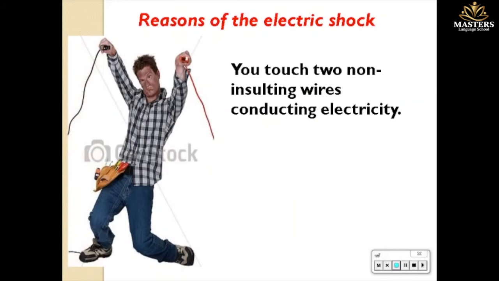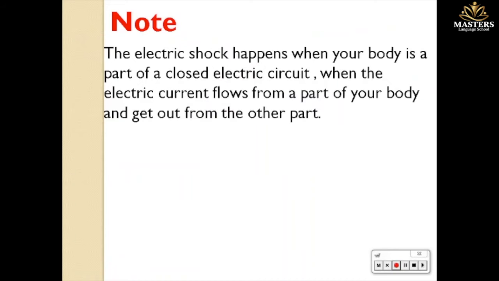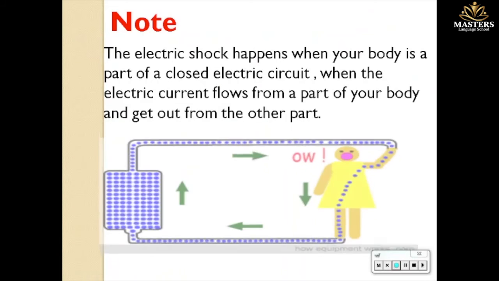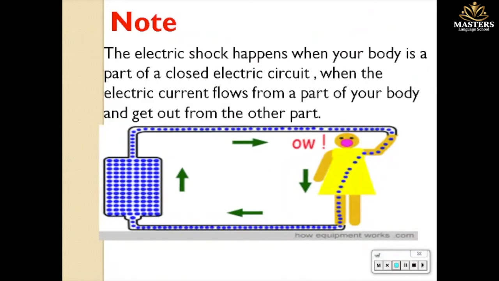Reason number three, you touch two non-insulating wires conducting electricity. But you have to know something very important. The electric shock happens in one condition: when your body is a part of a closed electric circuit, when electric current flows into a part of your body and gets out from the other part.